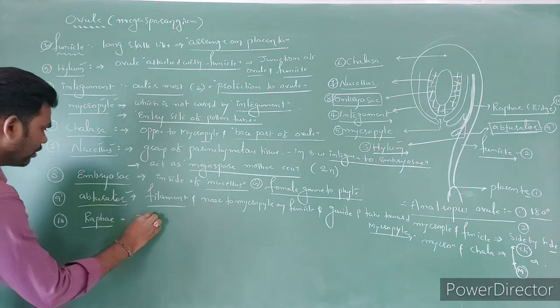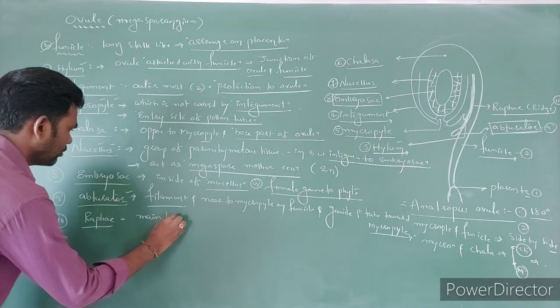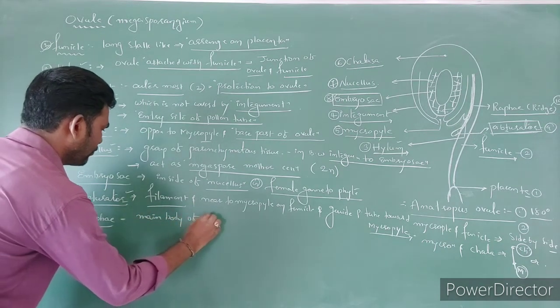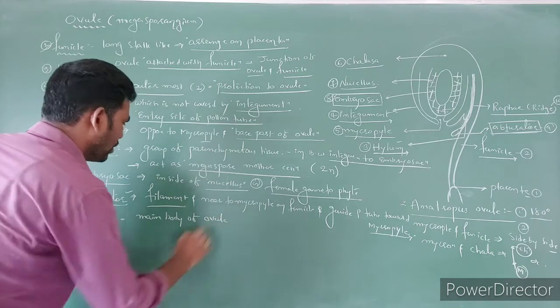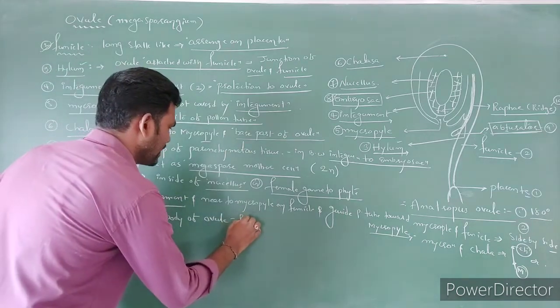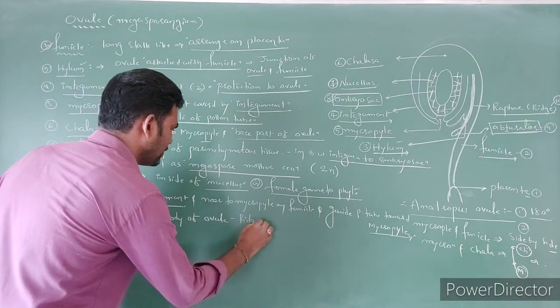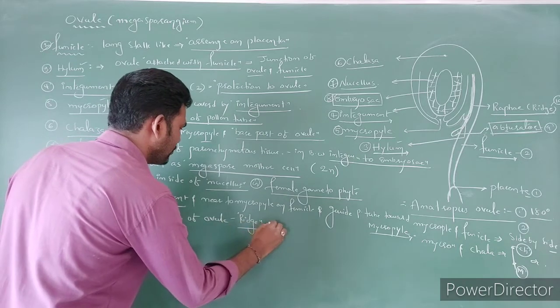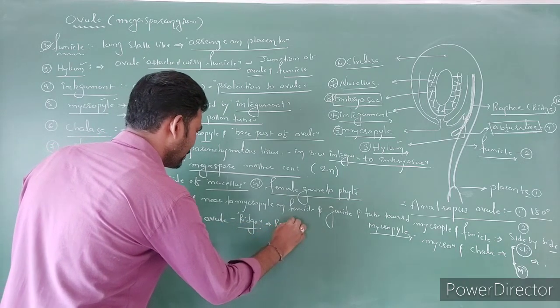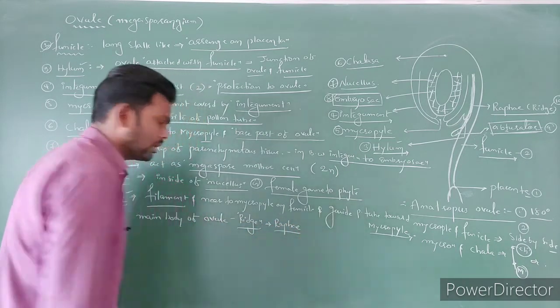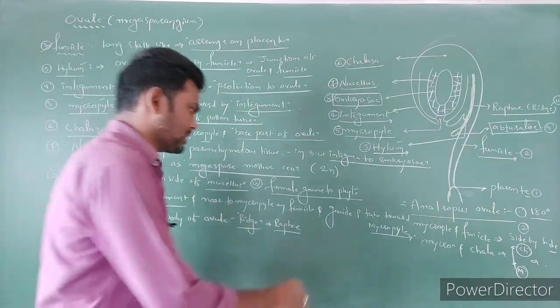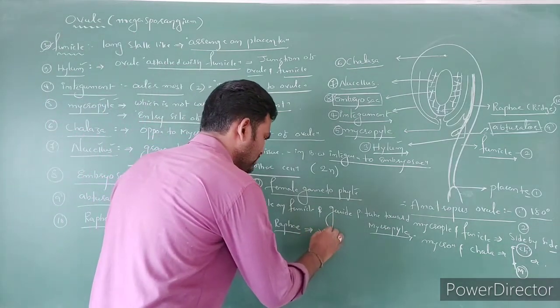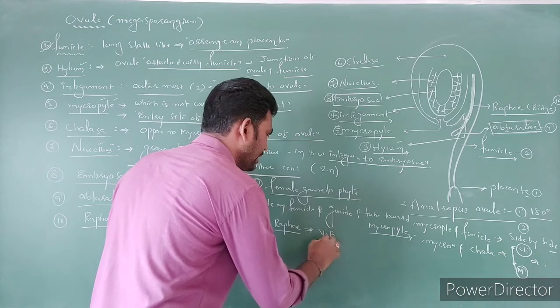The main body of the ovule consists of a ridge-like structure, a ridge, that we call the raphe. The raphe is made up of a vascular bundle, VB.